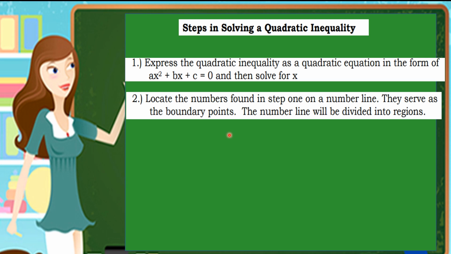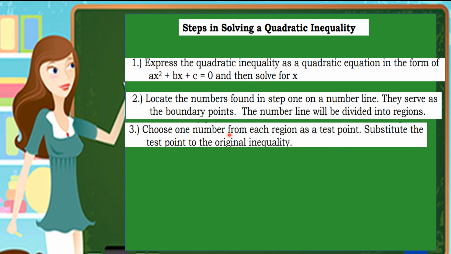So, after ninyong makuha yung value ng x or value ng any variable na ginamit natin, ilulocate natin daw yan sa ating number line or just plot the points on the number line. Mamaya, magkakaroon tayo ng sample on how to plot the points on the number line. Then, magkakaroon siya ng boundaries. Pwedeng nasa right side, nasa left side, at yung middle ng two numbers na makukuha natin.